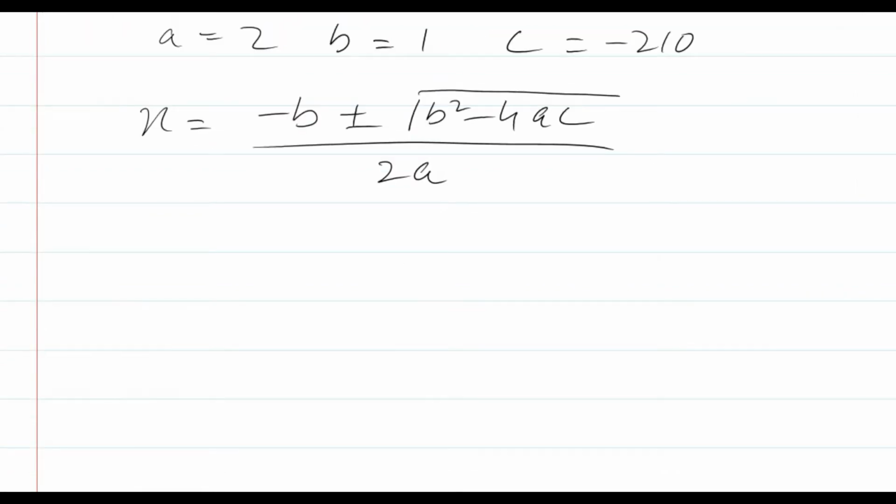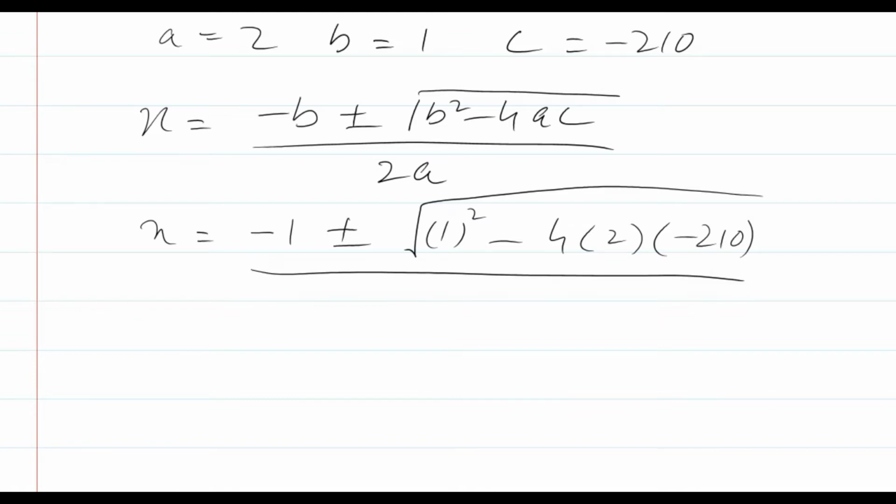Putting the values, you will get minus 1 plus minus square root of 1 square minus 4 times A is 2 and C is minus 210, whole over 2 times 2.